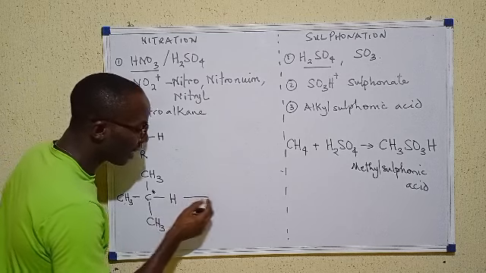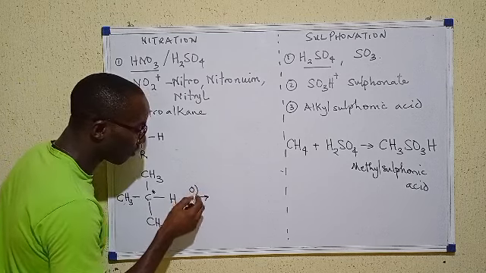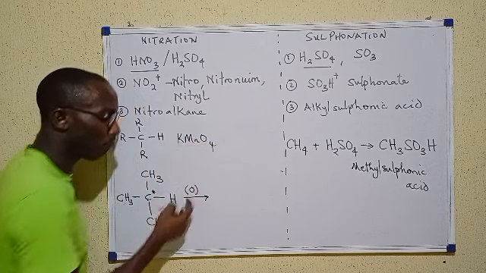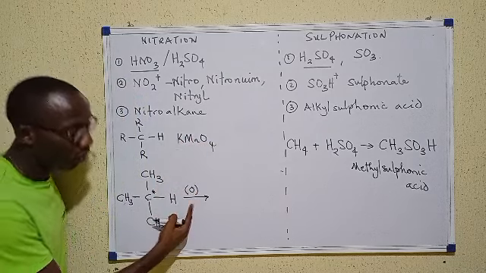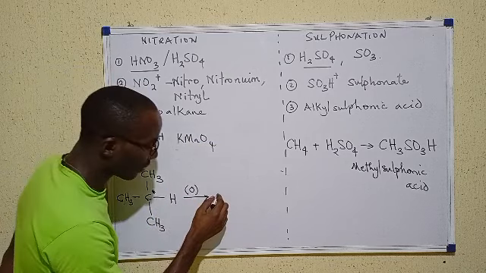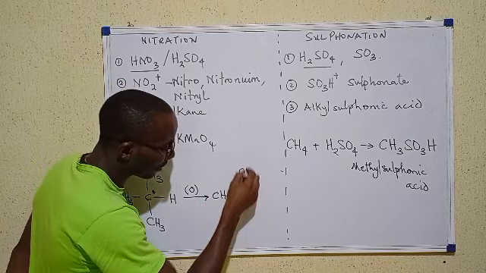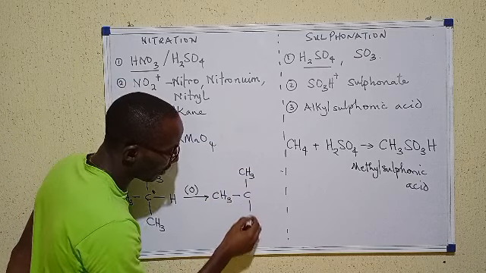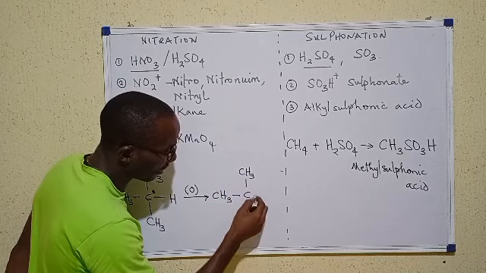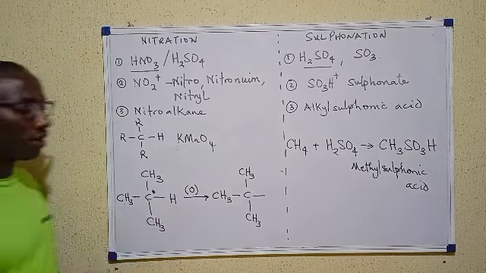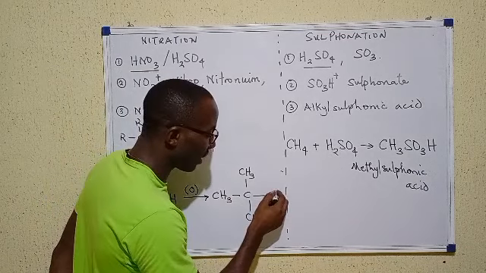And if you oxidize this compound using potassium permanganate, which is KMnO4 oxidation, you will get a product that looks like this: CH3, C, CH3 up there and CH3 down there. Nothing has changed so far. But instead of H here, we get OH.